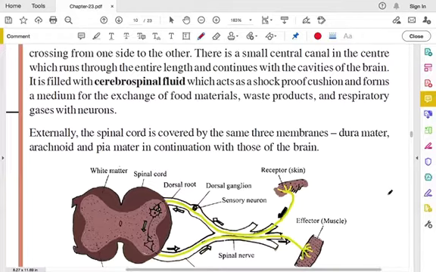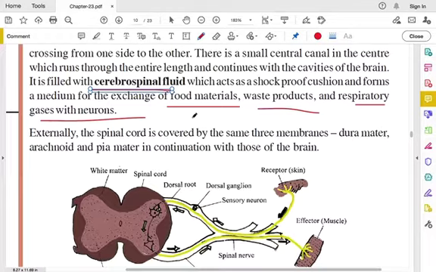It is filled with the cerebrospinal fluid, and just like in the brain, here also the cerebrospinal fluid acts as a shock-proof cushion, and it also forms a medium for the exchange of food materials, waste products, and respiratory gases with neurons. So this is the function of the cerebrospinal fluid.